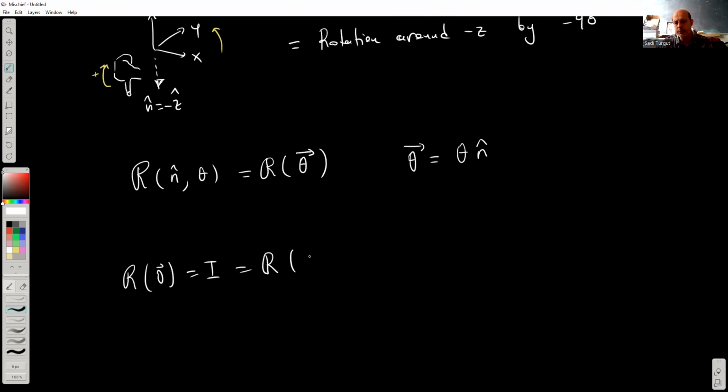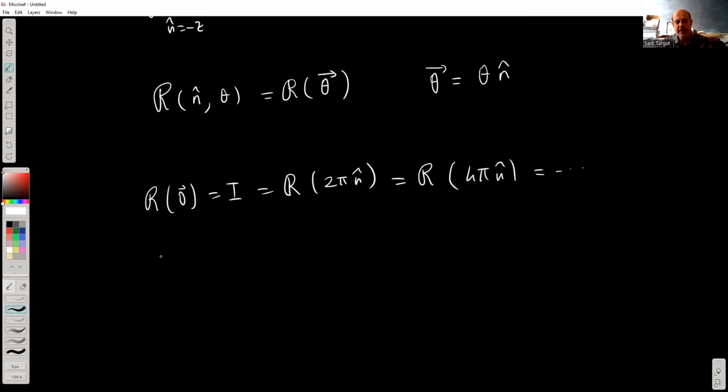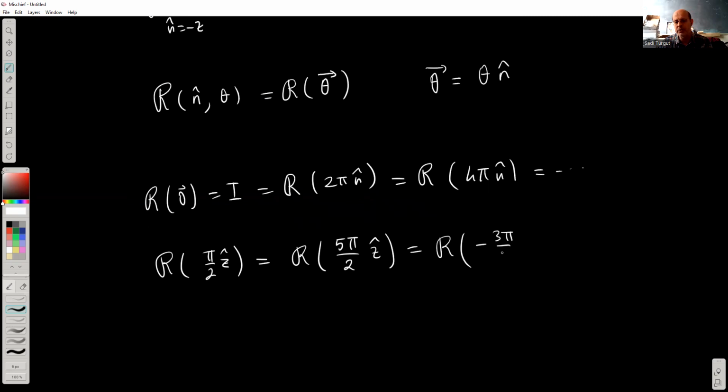It's the same thing as a rotation around any axis by 2 pi, or by, I don't know, 4 pi and so on, right? So a rotation by pi over 2 along the z-axis, the rotation above, for example, can be described as a rotation by an angle of 5 pi over 2 around z, or as minus 3 pi over 2 along z, and so on.